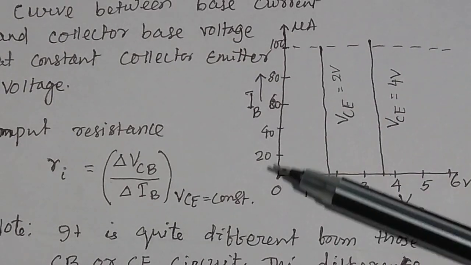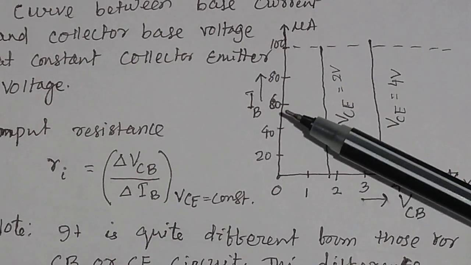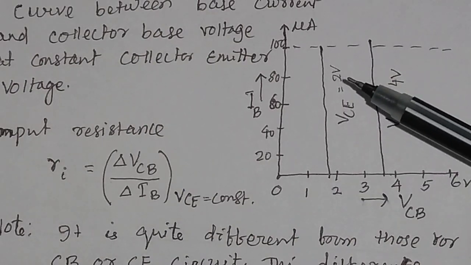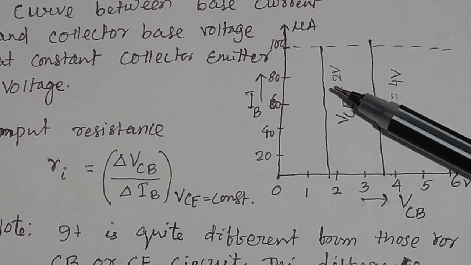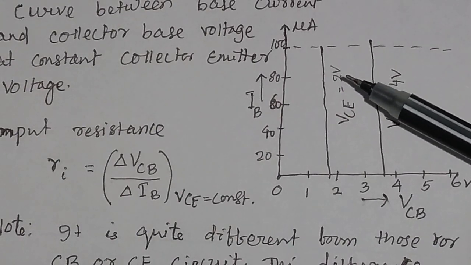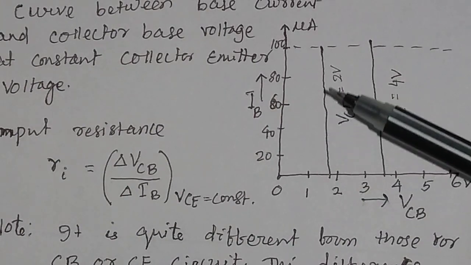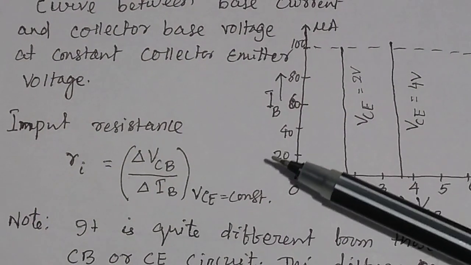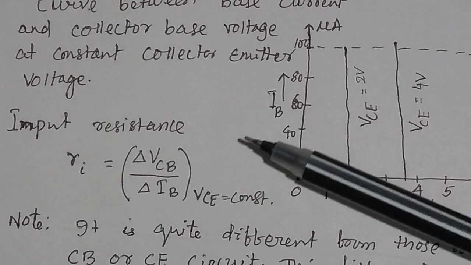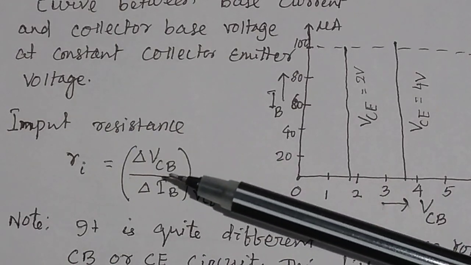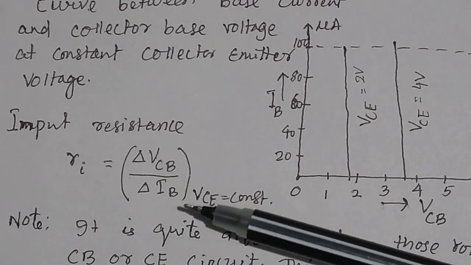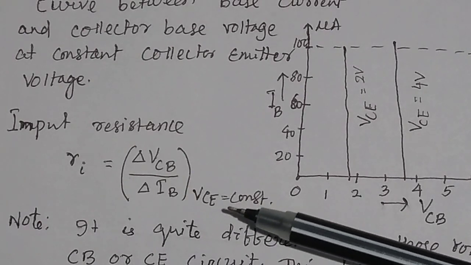You connect a microammeter in the input and it will be of the order of 20, 40, 60, 80, 100. So at a collector emitter voltage of 2 volt, you keep the collector emitter voltage constant, then this will be the characteristics curve, and from this curve you can find the input resistance. The input resistance Ri will be equal to delta VCB divided by delta IB at constant collector emitter voltage.